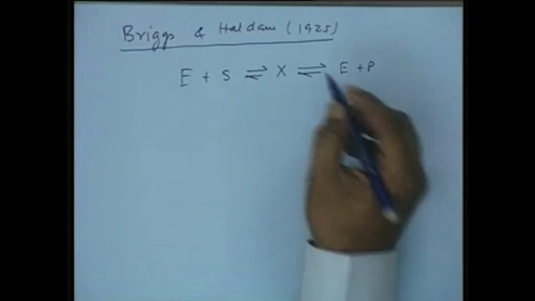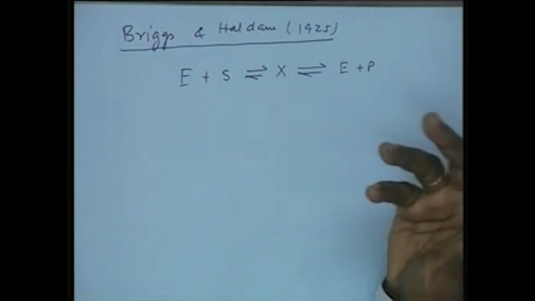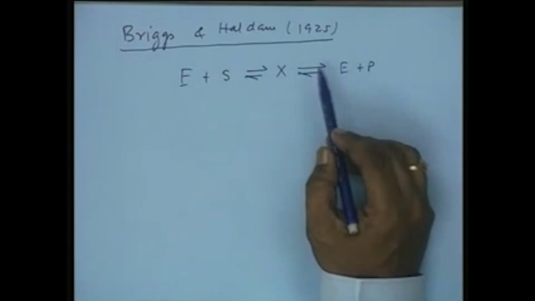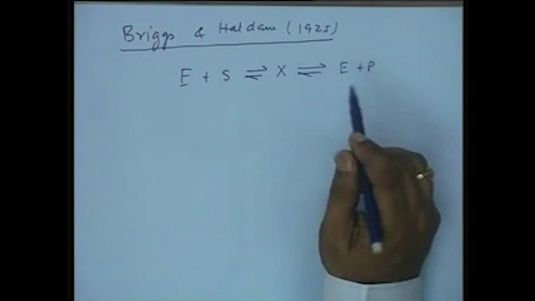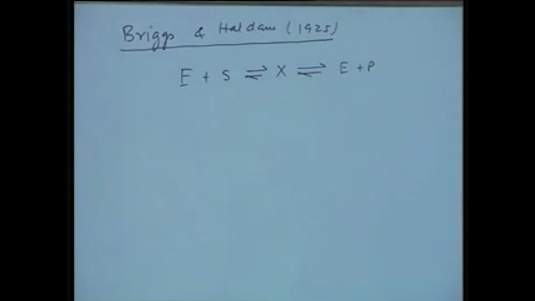Instead of equilibrium behavior, they proposed a steady state behavior in terms of rates. Again they assume the same thing, E plus S going to the enzyme substrate complex, which I will just write as X, and goes to E plus P. Now, they also expanded the hypothesis. Instead of the enzyme substrate breaking down through an irreversible step, many reactions are known to be reversible, as I have stated earlier.